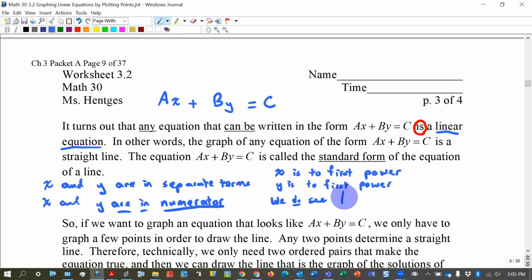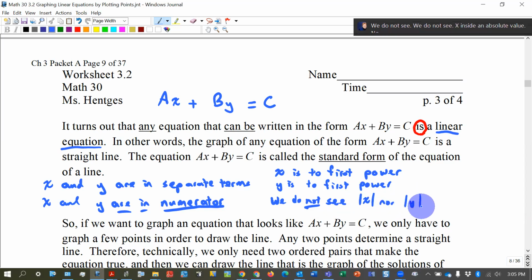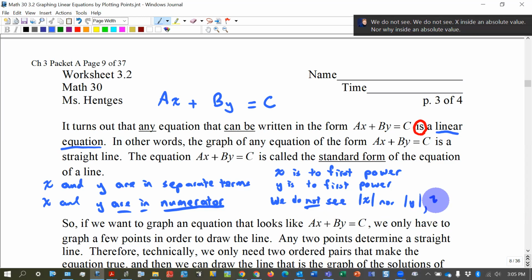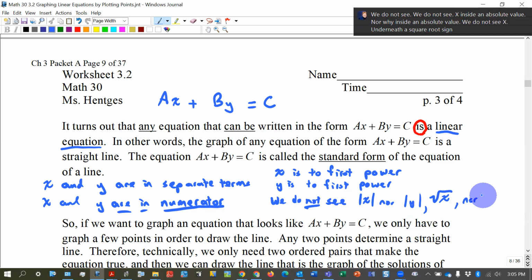We do not see x inside an absolute value, nor y inside an absolute value. We do not see x underneath a square root sign, or y underneath a square root sign.